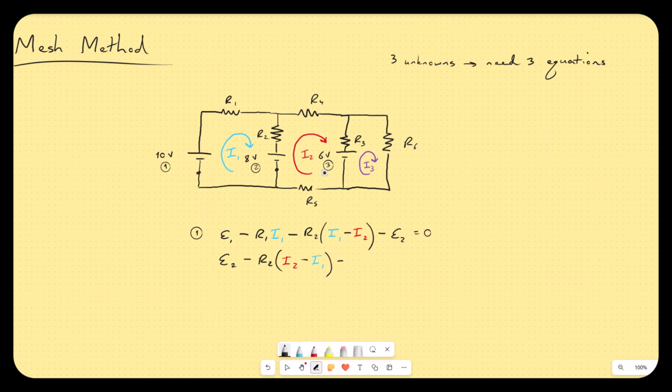I get to R4. For R4, the only thing going here is I2. I get to R3. For R3, I've got I2 going in the direction that I'm traveling. I've got I3 going in the opposite direction. It wants to go upward.